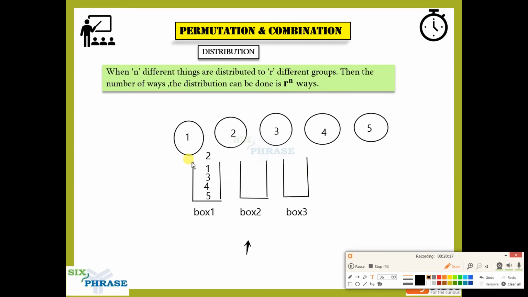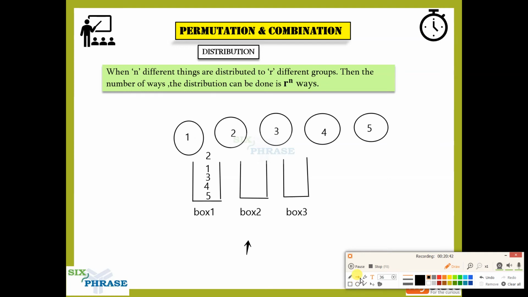Now how do we find solutions for distribution? You have to understand, here we are dealing with distributing n different things to n different groups. The different groups here refer to 3 different boxes. Boxes are obviously different, they are not the same box. If it is the same box, then there is only one box. So there will be 3 different boxes. Even these balls are different balls.